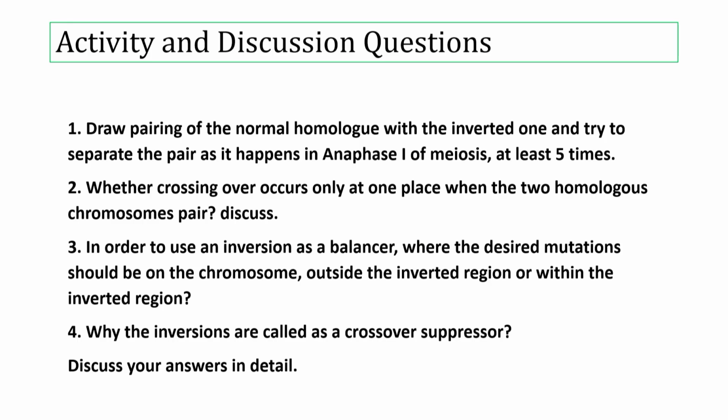In order to use an inversion as a balancer, whether the desired mutations should be on the chromosome outside the inverted region or within the inverted region, that you have to discuss. Why inversions are called crossover suppressors. So all these things you can discuss, and with this I close. Thank you.